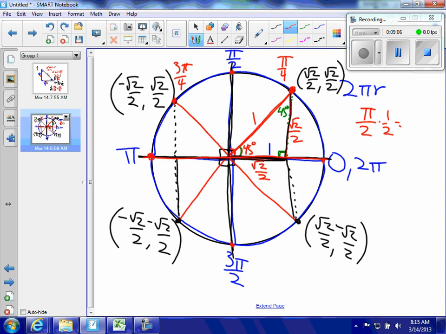This one right here is 4 pi over 4, which is the same thing as pi. This one is 5 pi over 4. 6 pi over 4, which is the same as 3 pi over 2. 7 pi over 4. And then 8 pi over 4, which is the same thing as 2 pi.